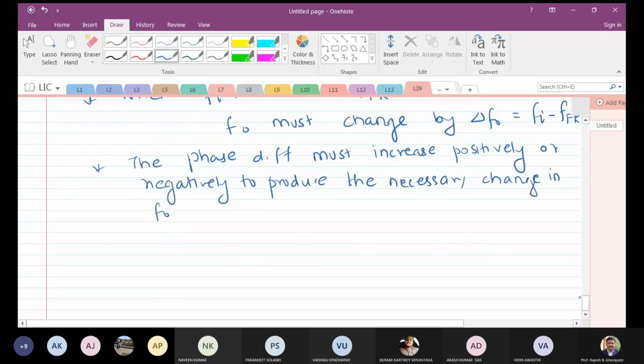So that is the delta phi, which is delta Fo by KL. So this is what is required.